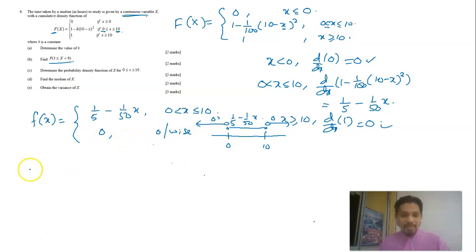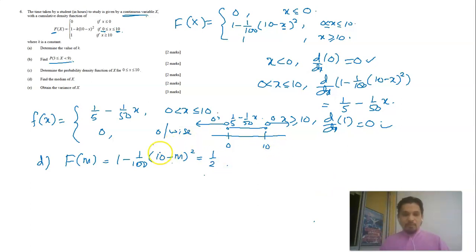Okay. And then for question D, find the median of x. Median, okay, use the cumulative function here, with x equal to m: 1 minus 1 over 100 times (10 minus m) squared equal to 1 over 2.